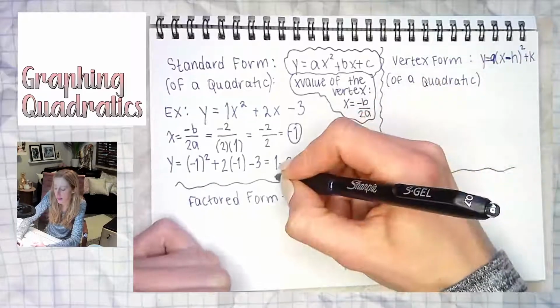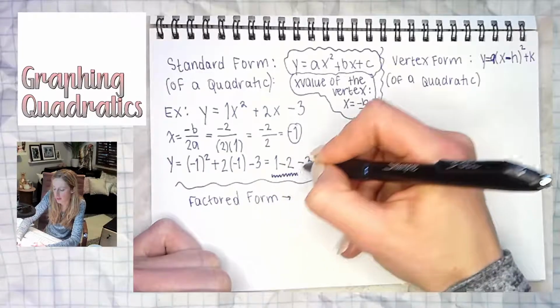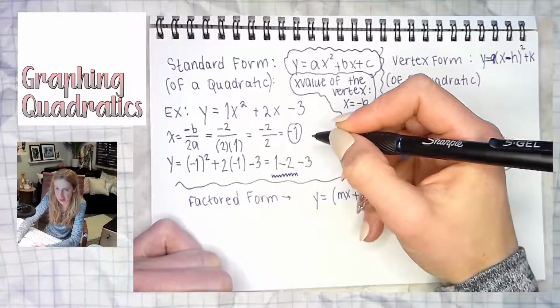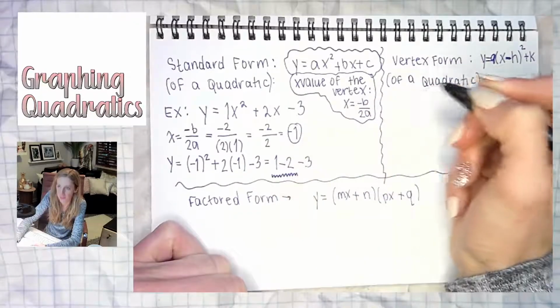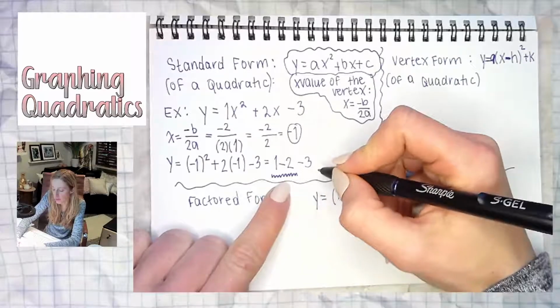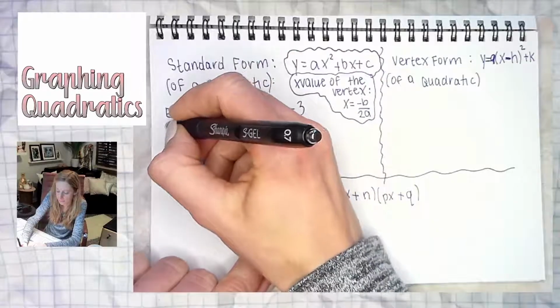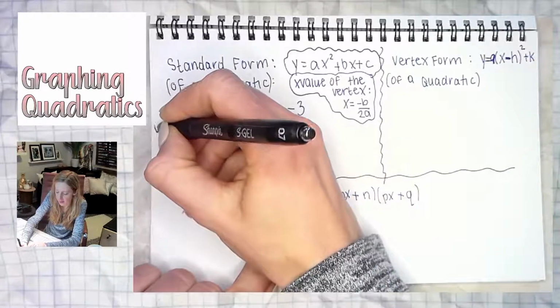Does anybody remember something I told you last class that was a trick to knowing if you were doing the right thing with these two terms that I just underlined, that would happen when you were combining like terms and you were finding the Y value of the vertex? Take a second and think about it.